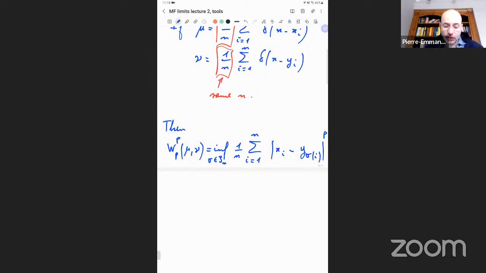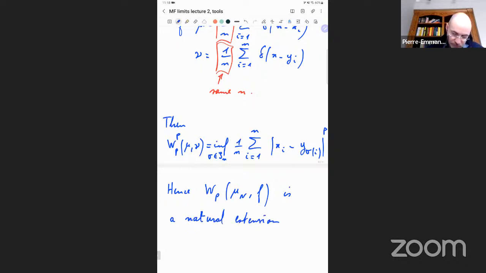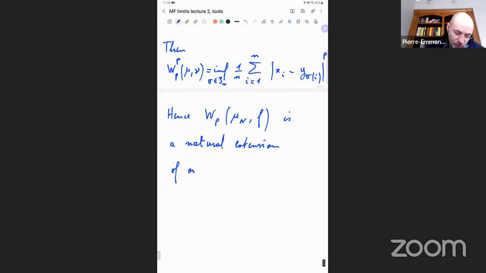So you see that this Wasserstein distance, the W_p of mu n, the empirical measure, and f, is a natural extension of our discrete L^p norms on x_i minus x_i bar.